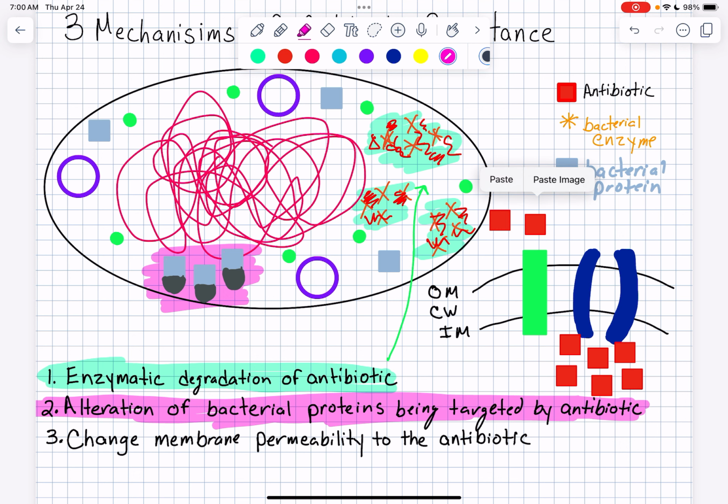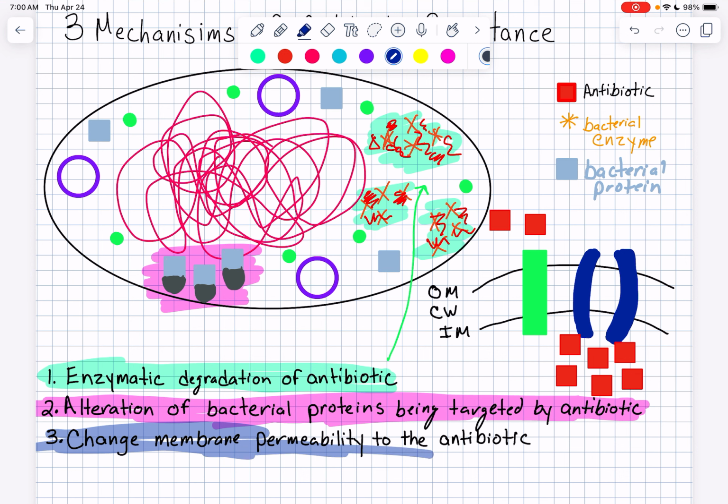The third main way that bacteria obtain antibiotic resistance is by changing the membrane permeability. We talked in the antibiotic notes about how some of them, specifically beta-lactams, which are things like penicillin and amoxicillin, will poke holes in the peptidoglycan layer.